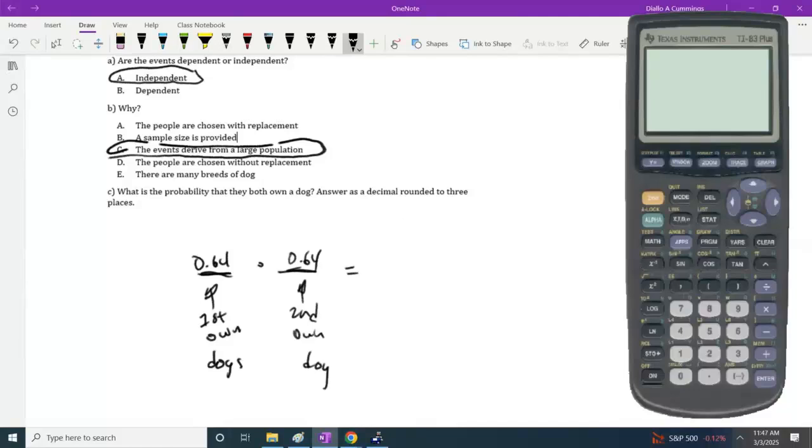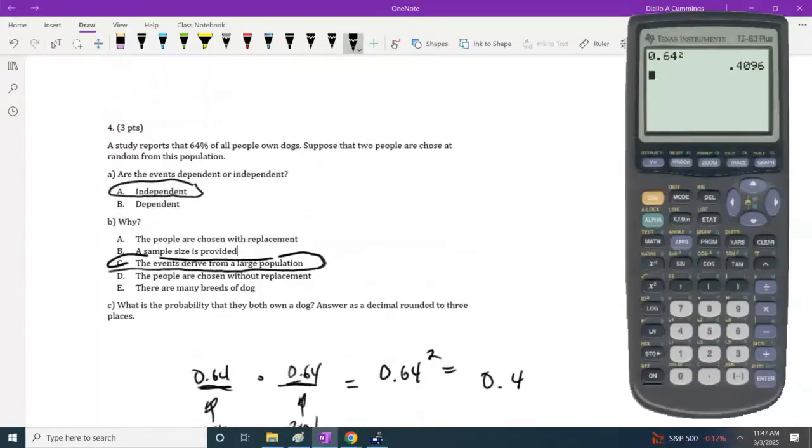All right, so those are my two events. So I mapped out two outcomes, and 0.64 squared. There is a key to quickly square something. 0.64 squared is 0.4.